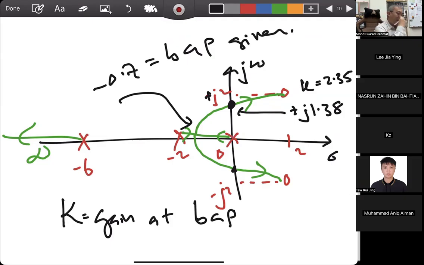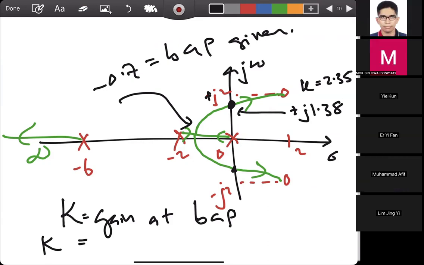Theo, any idea how to find gain K at breakaway point? Theo, Ido.